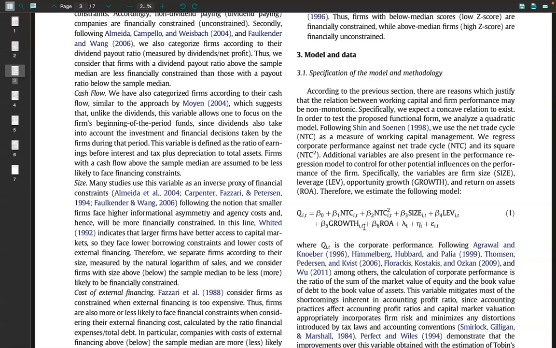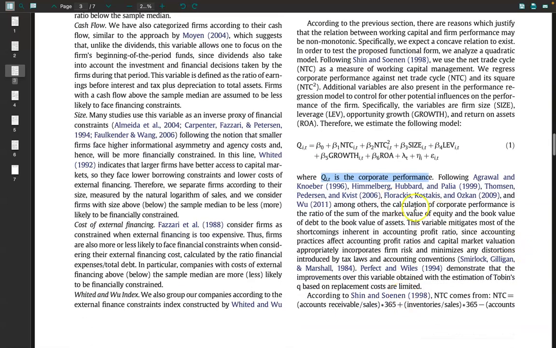If we look at what these values are, first of all, Q_it is the corporate performance, which they measure with a ratio of the sum of the market value of the equity and the book value of the debt, divided by the book value of the assets.